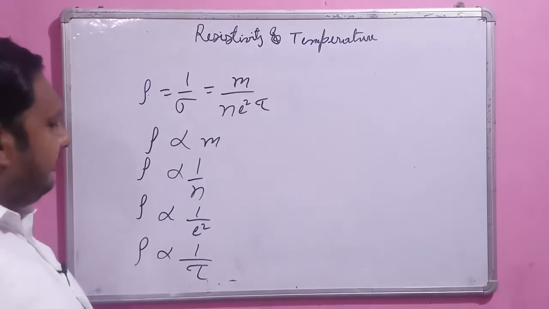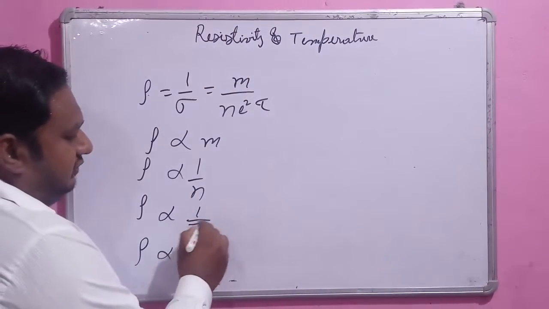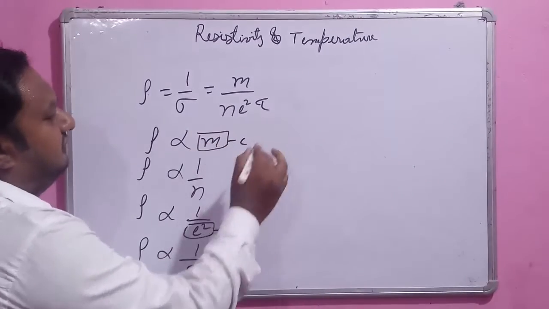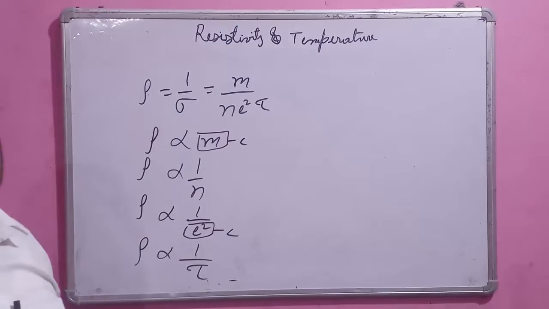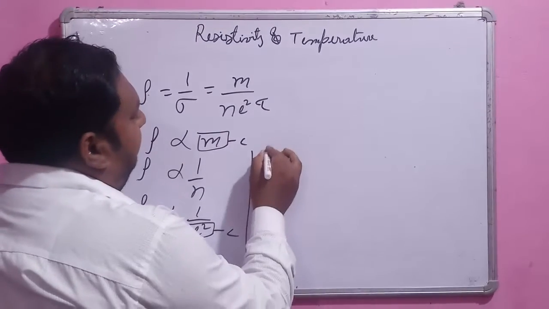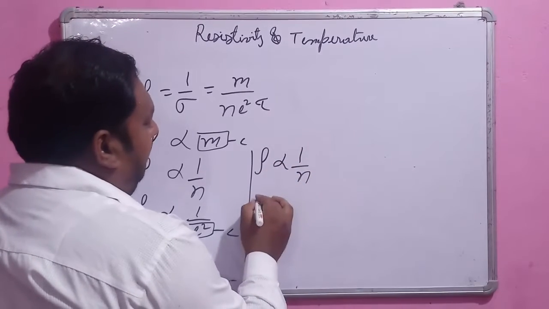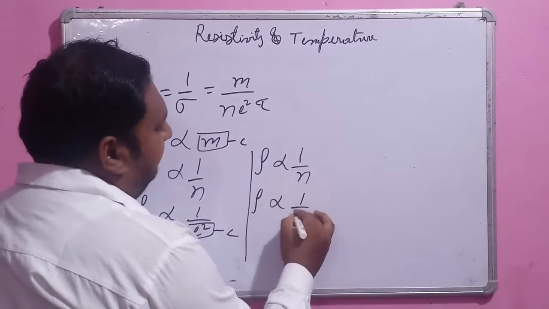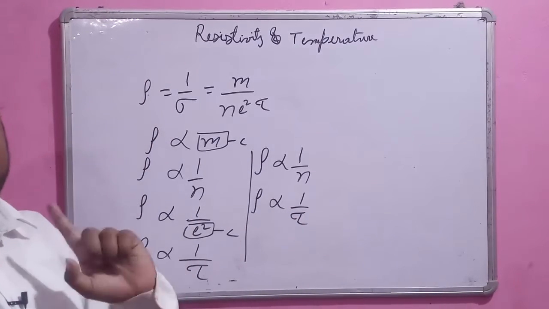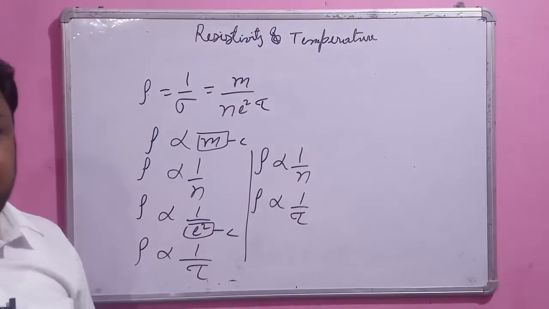Now, the charge of the electron is not going to change. It remains constant, and the mass of the electron also remains constant. So finally we can say the resistivity of a conductor is dependent on the number density and the average relaxation time. And for conductors, this number density is also constant.